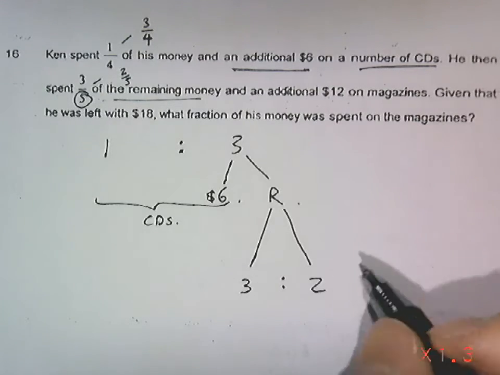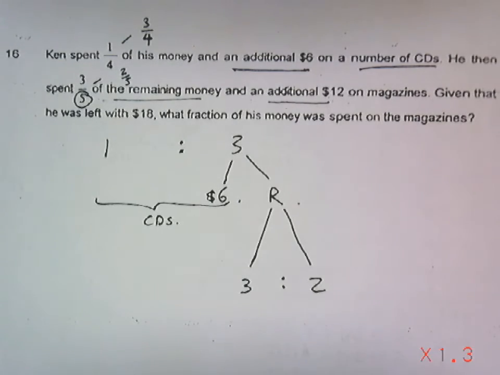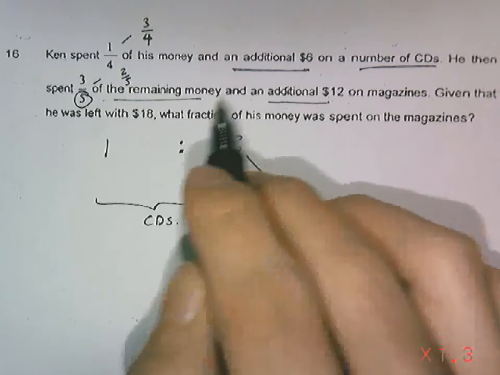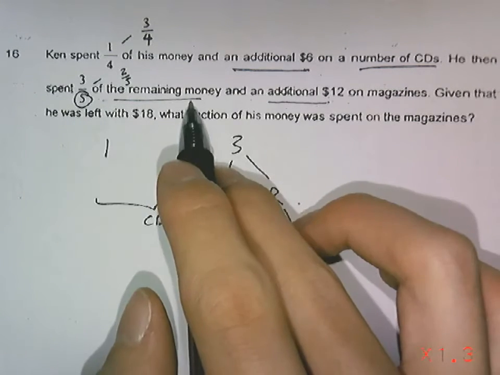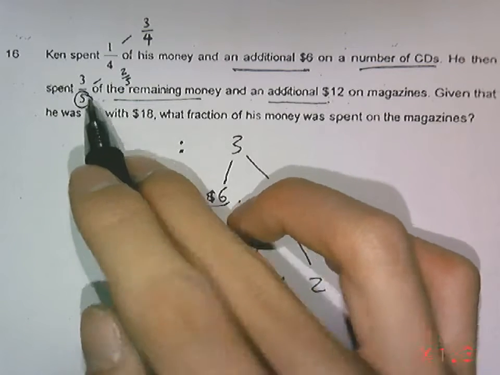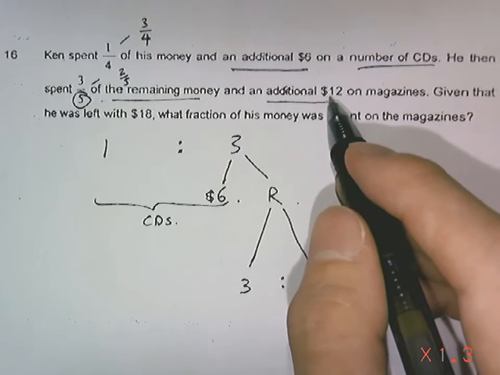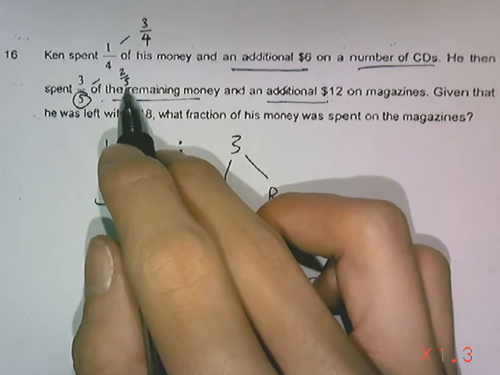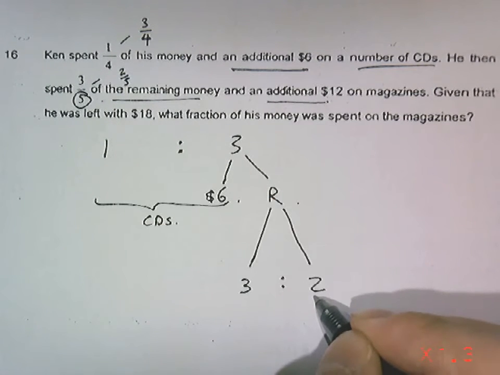Similarly, because of this additional $12, it can be very confusing. So magazines is actually more than 3/5 of the remaining money. It's not just 3/5. So let's just put the $12 onto the remaining side, which is the 2/5 of the remaining. So $12, I'll just put it under here.